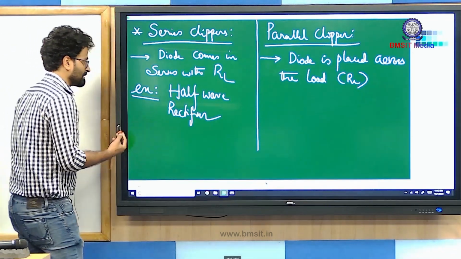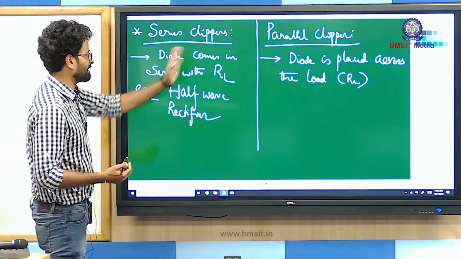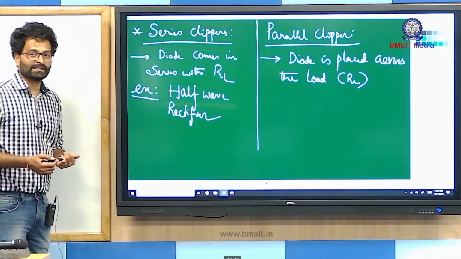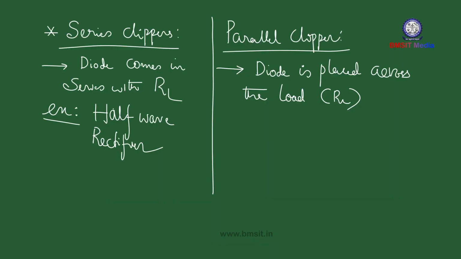Let me just draw the circuit for the series clipper as well as the parallel clipper. The analysis part we will come to sometime later. You all know the half wave rectifier circuit. This is the AC source Vs, which is connected to a PN junction diode, and this is the cathode. And this is your load resistor Rn.